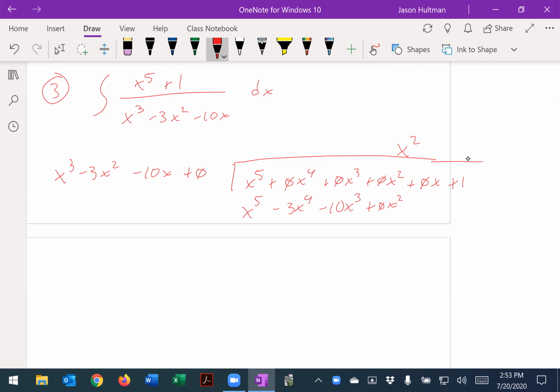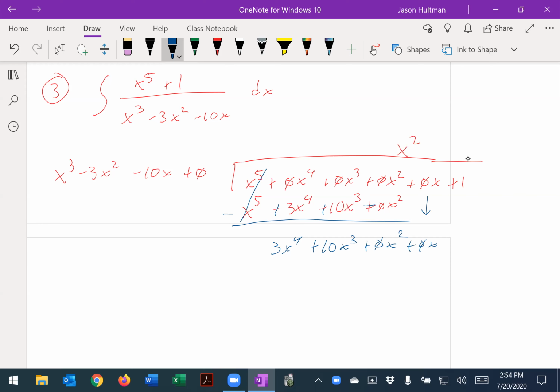Now I want to subtract, which is changing the sign and adding. So this becomes 3x to the fourth plus 10x cubed plus 0x squared, and I bring this guy down as well, plus 0x.